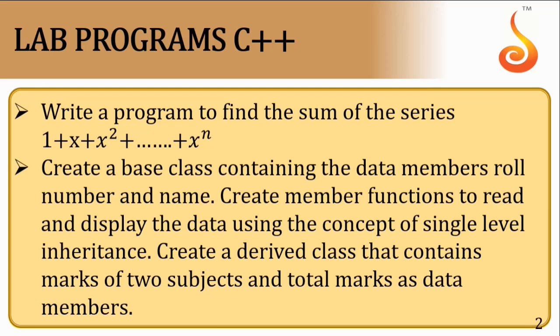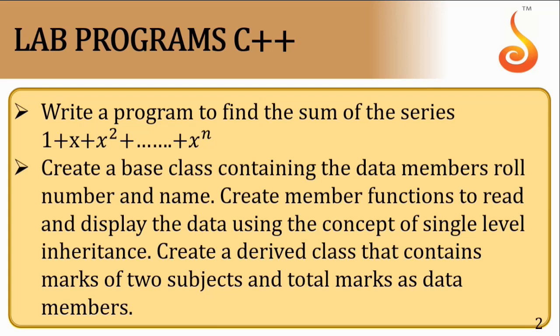So how many data members will you have? You will have three data members: marks 1, marks 2, and then the total. And apart from that, you need relevant member functions to take in, calculate and display the same. That is your lab program 11.